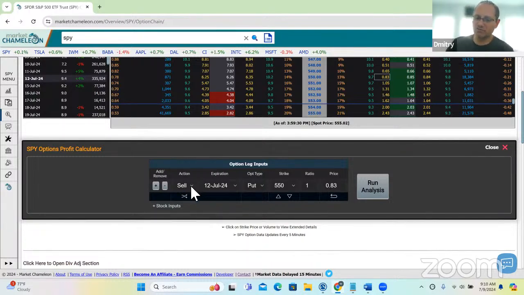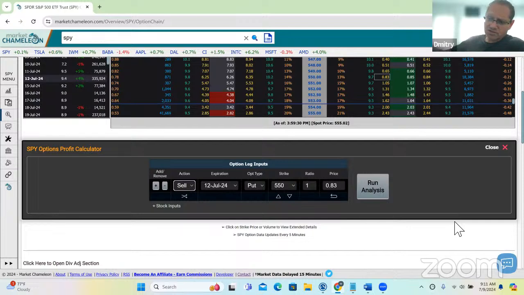You could change that from here or up here. This shows you selling the July 12th, 2024 put, the 550 strike, 1 at 83 cents. You could change these, but it auto-populates what's on the options chain for you.